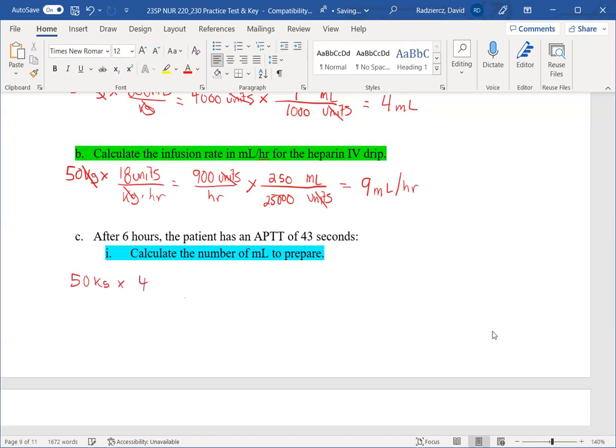But what has changed is the bolus dose strength. The order has changed. Okay. That gives me 2,000 units. Then I'm going to convert units to milliliters. We know that the bolus dosage strength is 1,000 units. And so I get 2 ml.